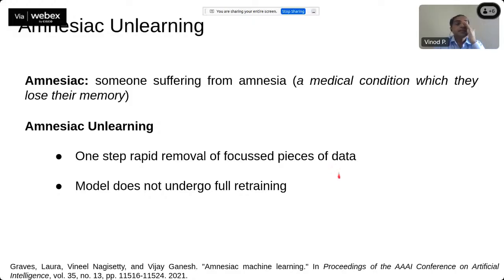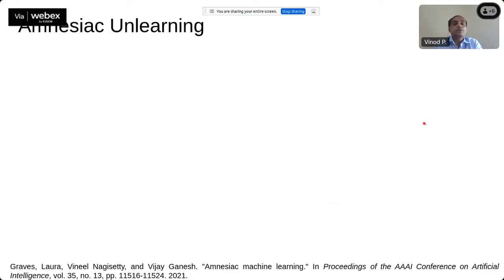In this technique, the model does not undergo complete retraining from scratch. Rather, the influence of the private or sensitive data is removed. We will see how it can be done. Thus it falls under the category of faster unlearning techniques. Let's try to understand how amnesiac unlearning can be developed.